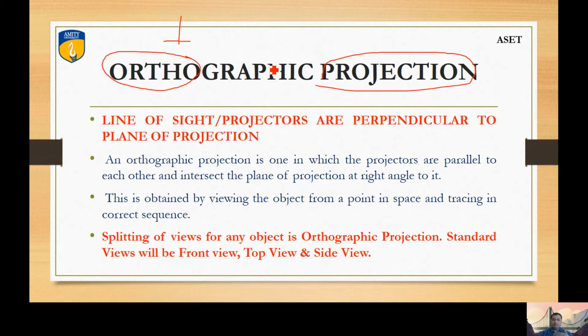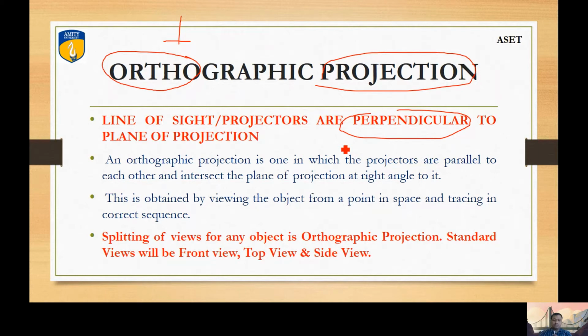The image which appears on the screen or the plane will be its orthographic projection. So the keyword is perpendicular to the plane. All the projectors should be perpendicular to the plane. This is the keyword in orthographic. Ortho means perpendicular.